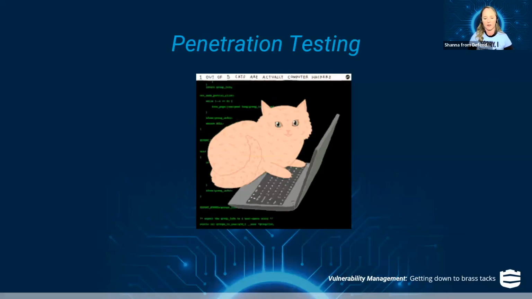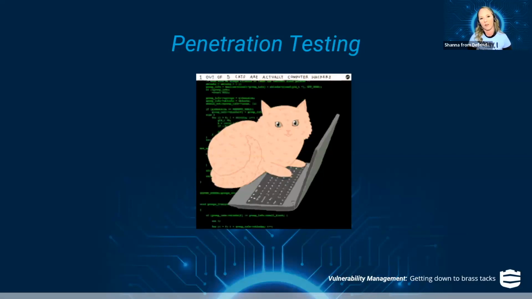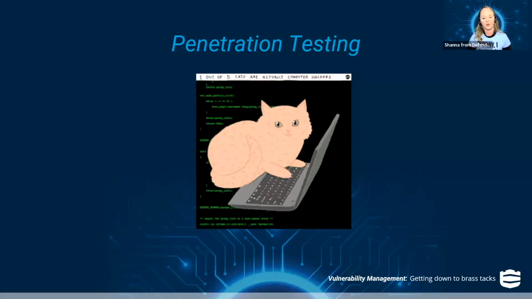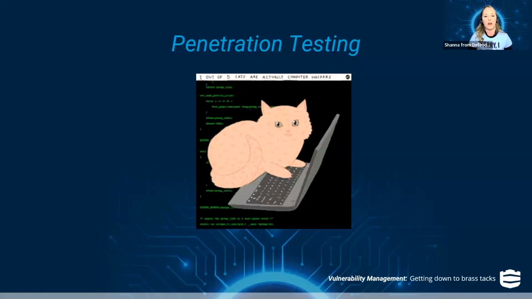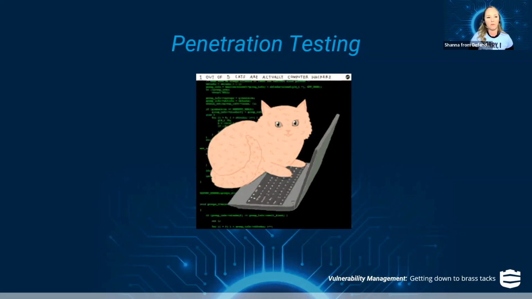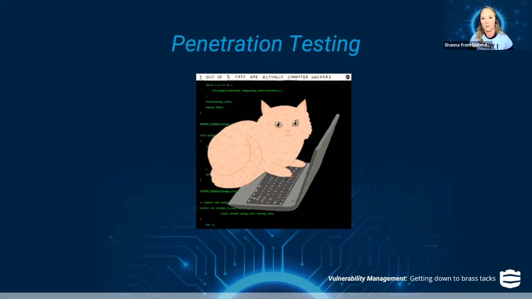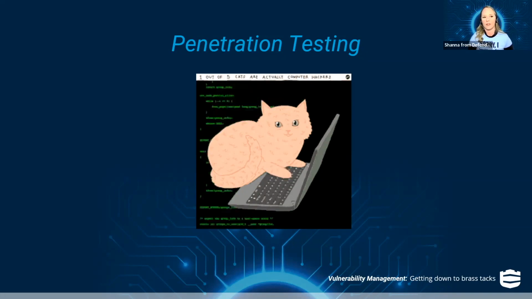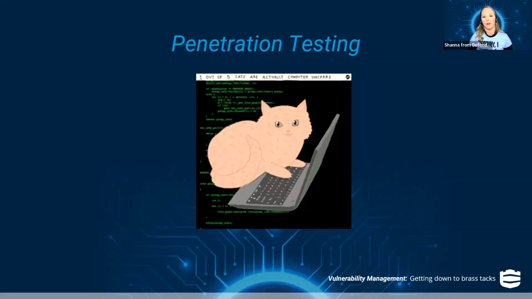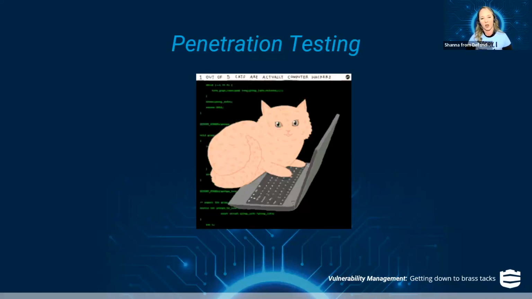So our goal is to gain access to this system, see what kind of data we're able to exfiltrate, and try to go after that. So the goals here are to gain access, escalate privileges, cause some damage, just like the attackers would do. See what type of data or intellectual property we are able to uncover based on that test. If we're doing an internal test and starting within the network, can we move around laterally? Can we get to the crown jewels?